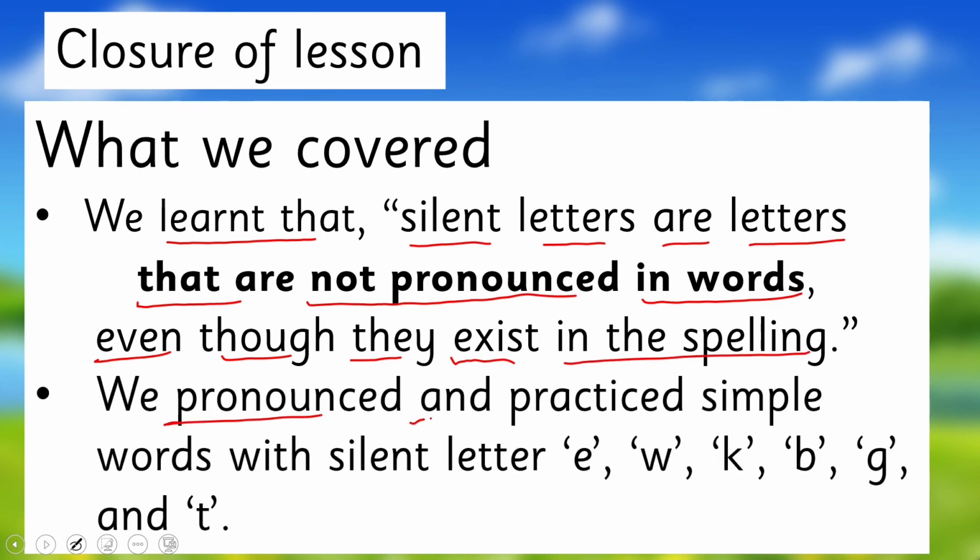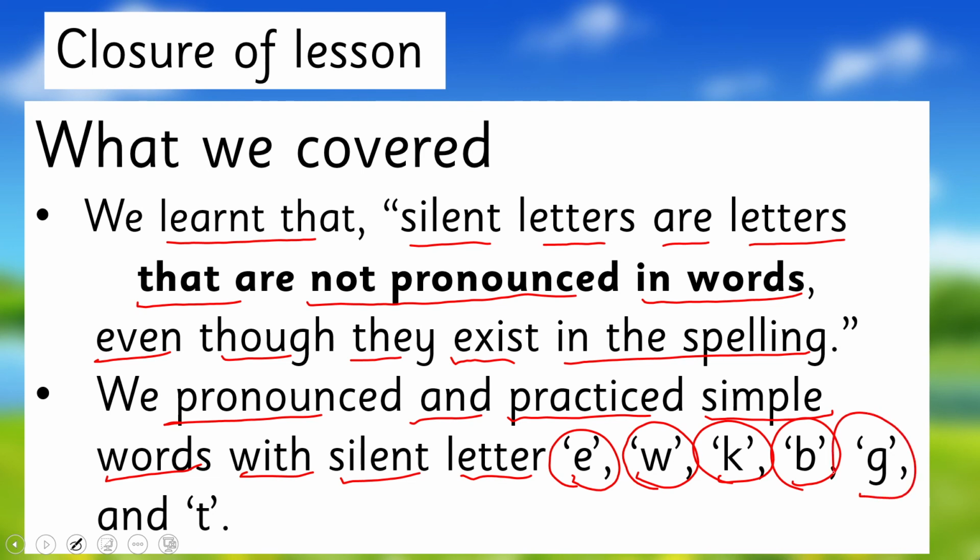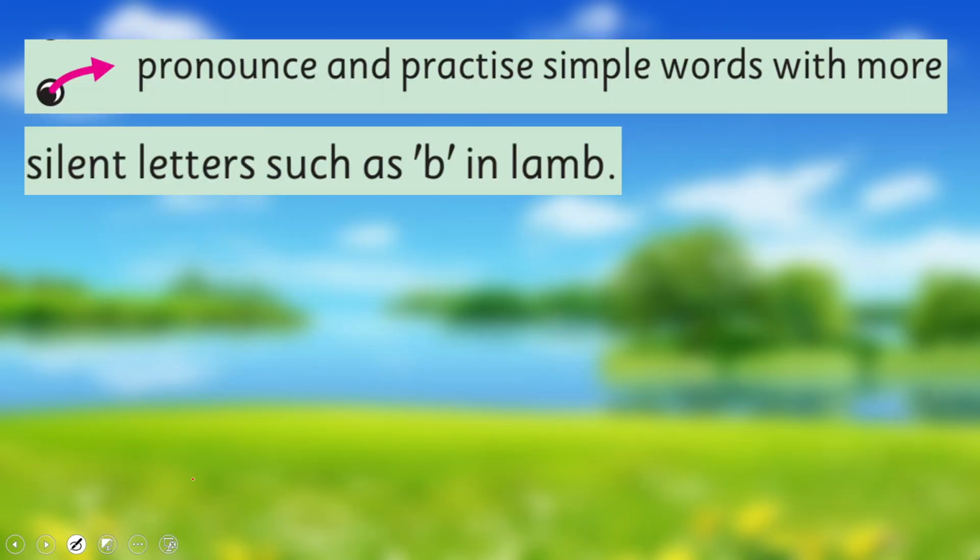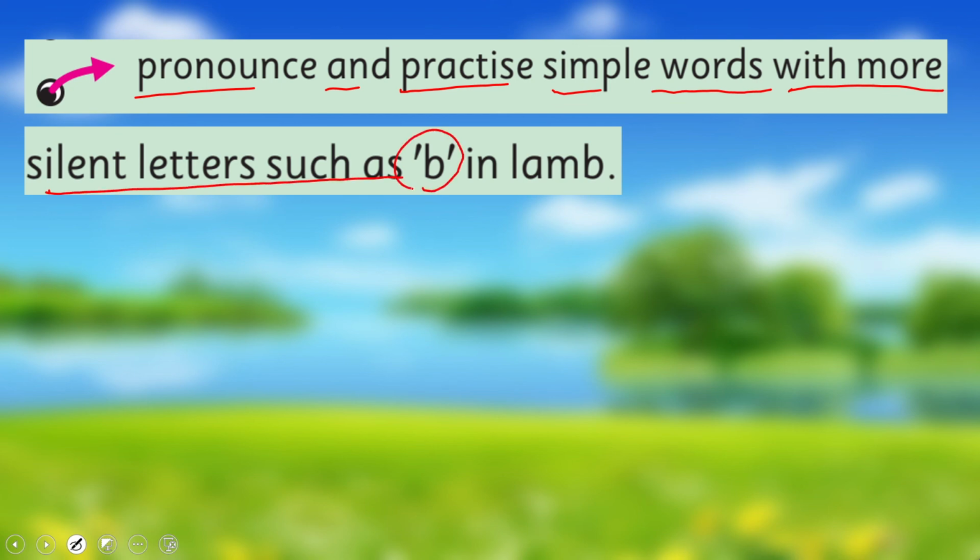And we pronounced and practiced simple words with silent letters E, W, K, B, G, and T. So in this way, we achieved our SLO. We pronounced and practiced simple words with more silent letters such as B in lamb.